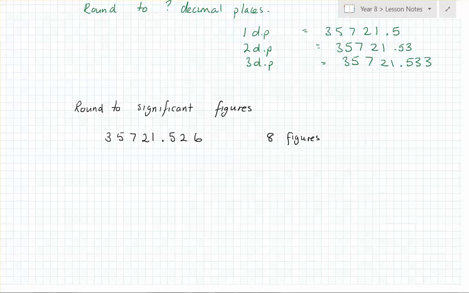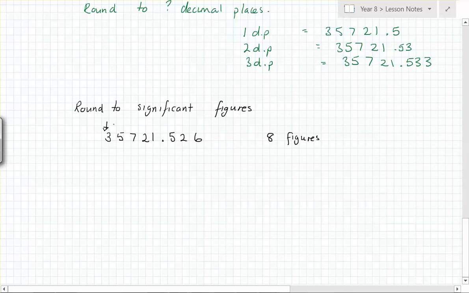But significant means, in this case with numbers, the most valuable. And again, with significant figures, it's important to think of money. So which number up there is the most valuable number? 30,000. So this is the most valuable number up there.